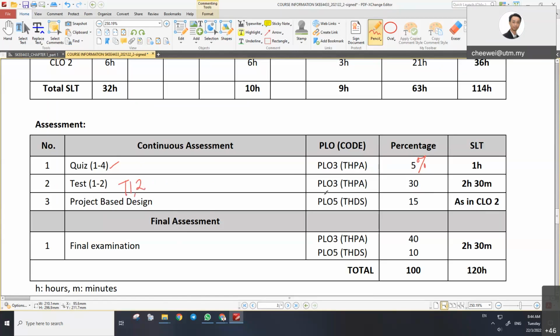One test contributes 15%, so in total you have 30%. The assignment is 15%; most probably we have 2 assignments, half-half. For the final exam as usual, you will be having Q1 to Q4, which you have to answer all.